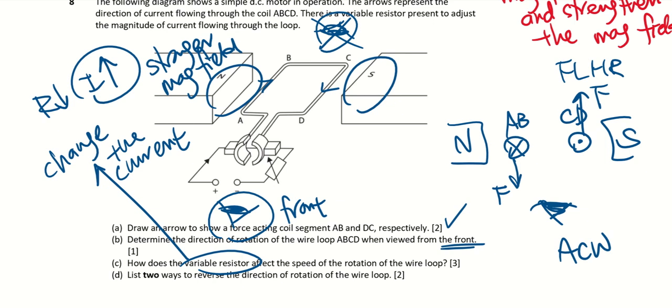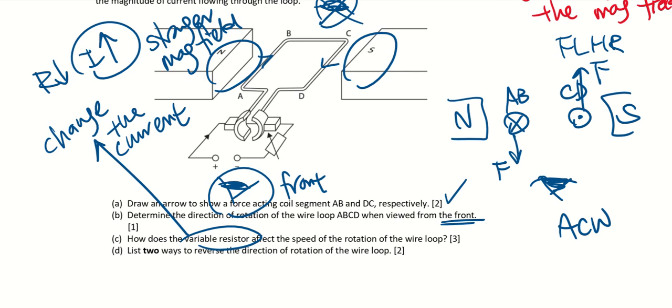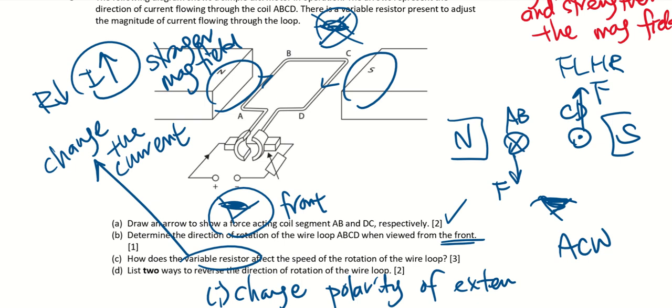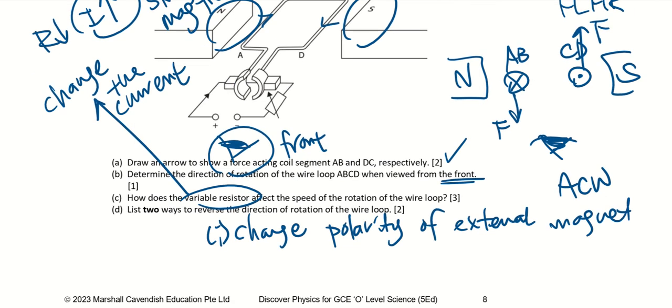Okay, so for part D, list two ways to reverse the direction of rotation. First way is to change the polarity of the external magnet. So north becomes south, south becomes north.